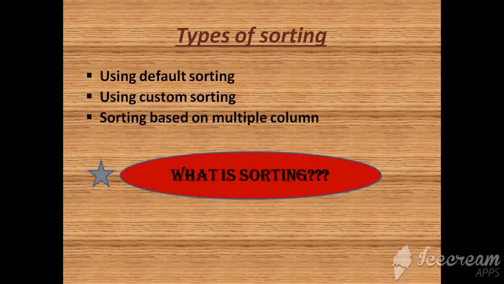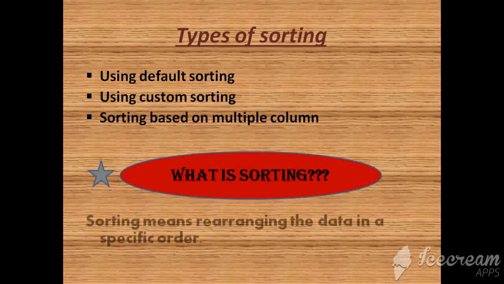I am continuously using this word, sorting. What is sorting? Let's explore. Sorting means rearranging the data in a specific order. Sort means arrange in ascending order or descending order. That is what sorting is.